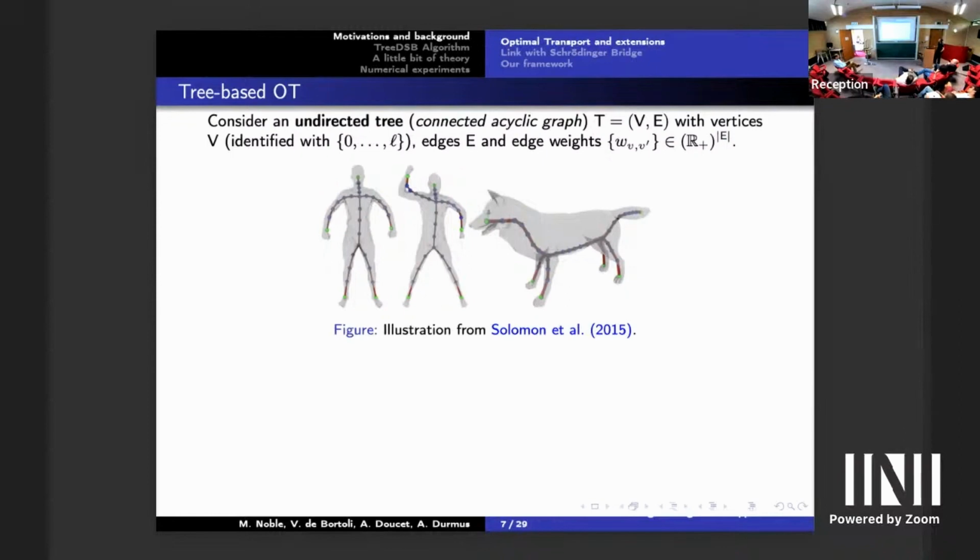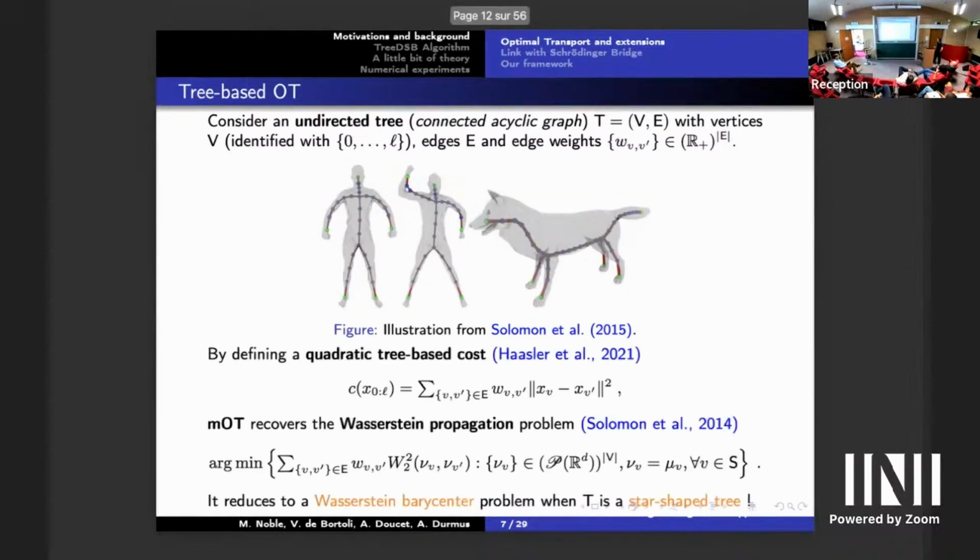Okay. Right. Now consider that every dot here is kind of a marginal. And what you want to consider is a tree-based optimal transport problem, but with this kind of organization. And so if we simply extend the quadratic costs that we saw for the Wasserstein barycenter setting, we can define this kind of cost, still quadratic, but this time we're gonna impose links between the marginals that are linked in our tree.